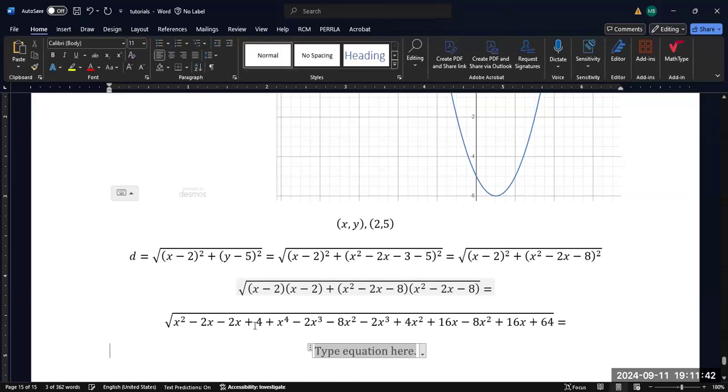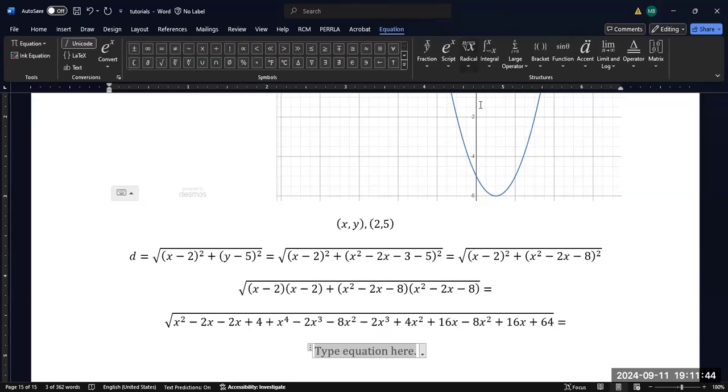And now I have to combine like terms. So my highest power is x to the 4th. I have two x cubed terms, negative 4x cubed. X squareds, I have negative 8x squared, and negative 8x squared is negative 16x squared, plus 4x squared is negative 12x squared, plus one more x squared is going to be negative 11x squared.